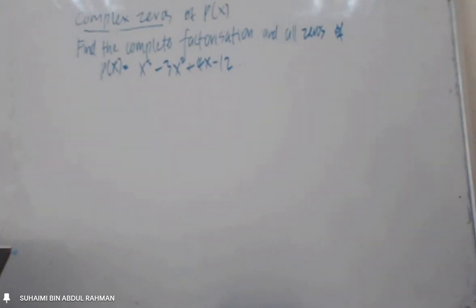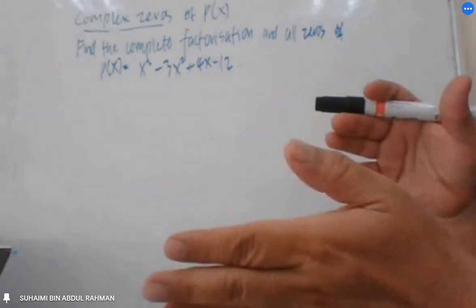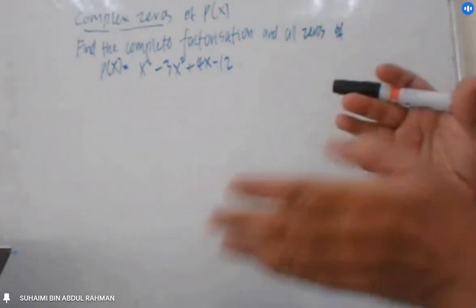Remainder theorem? No. Can we use long division? No, nothing to do with long division. What method do I use to factor? Look at the examples from last week.